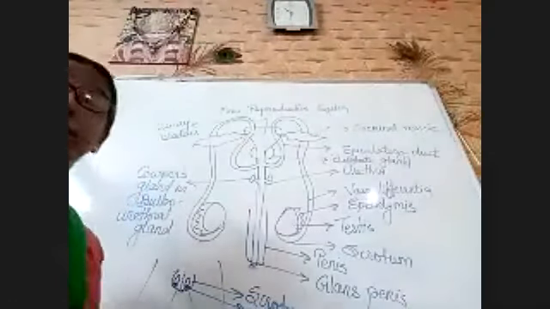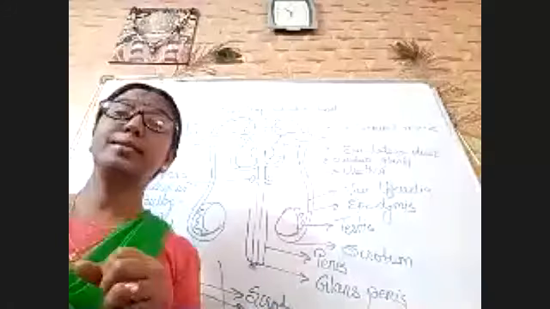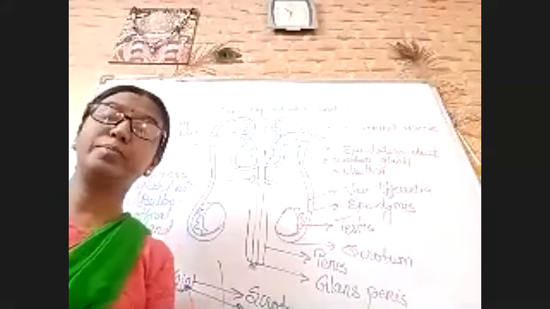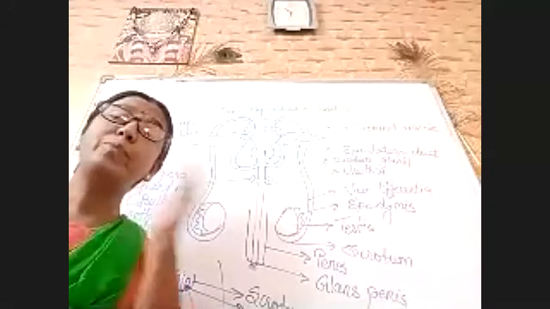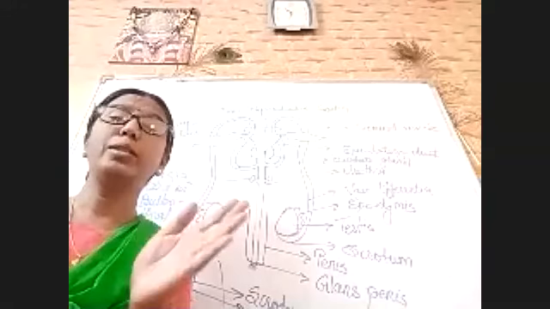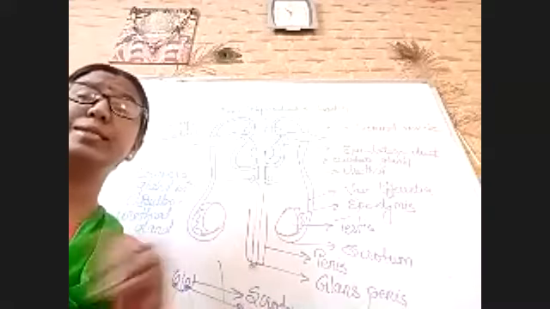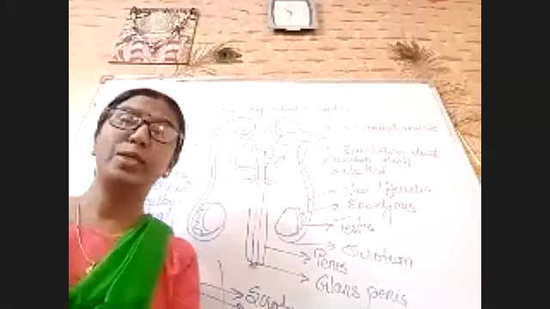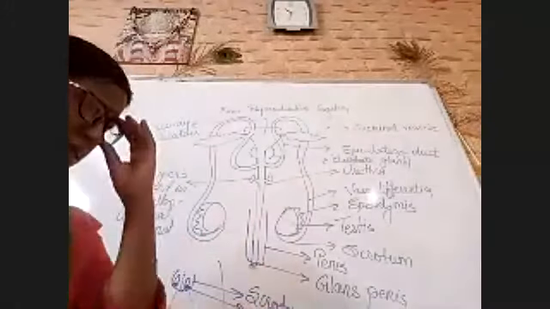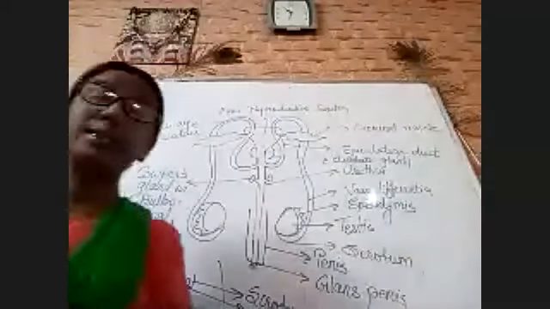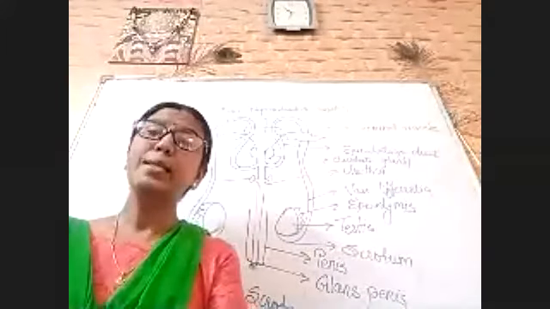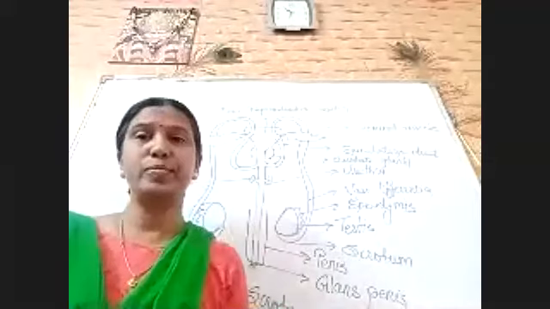But the question arises, why are the testes present outside? All the organs are present inside the abdomen, but the testis is present outside. What is the reason behind it? Because these testes secrete sperms, and these sperms are heat sensitive.